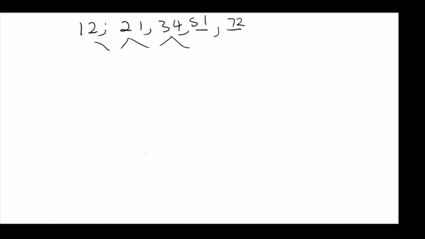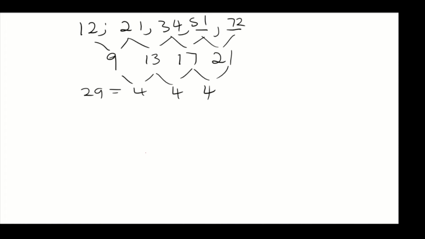The differences between these terms are 9, 13, 17, and 21. We know that the second difference is constant, which is 4. To find our formula, we say this is equal to 2a. So 2a is equal to 4. Divide by 2 on both sides, and we have a equal to 2.